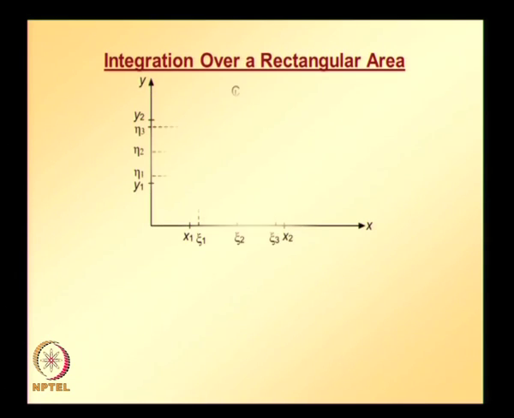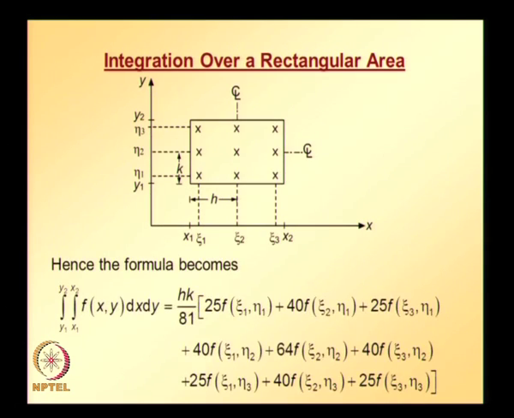So, we can evaluate the integral of f(x, y) between the limits x1, x2, y1, y2 using this formula. We need to evaluate the function at each of the points psi 1 eta 1, psi 2 eta 2, psi 3 eta 3 and the rest of the points, and multiply with the corresponding coefficients and weights, and we get the approximate value of the integral.